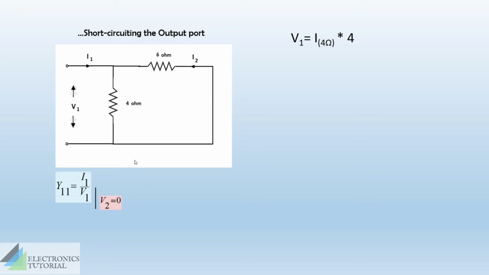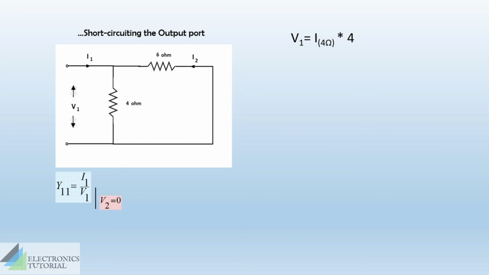How can we get the value of current flowing through this 4 ohm resistor? Let's examine this circuit. A current is entering into the circuit, and after reaching this point, current flows into two different paths. We have to find the amount of current that is flowing through this branch.